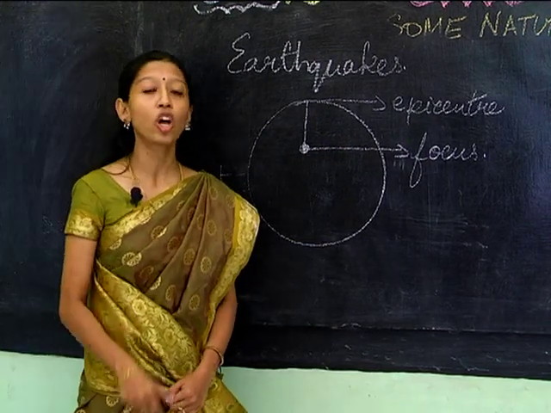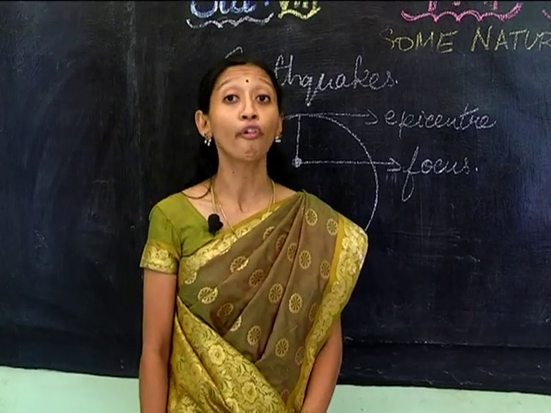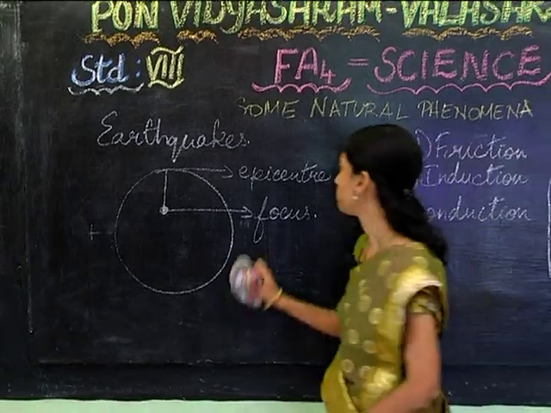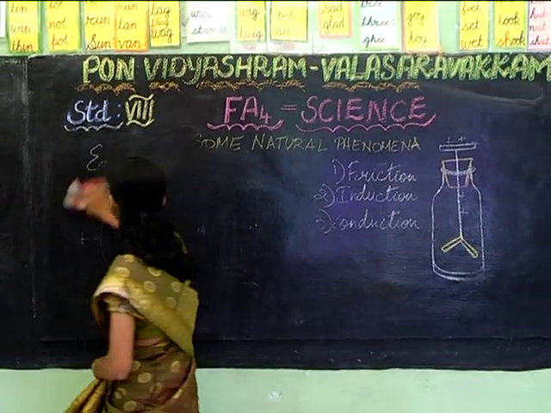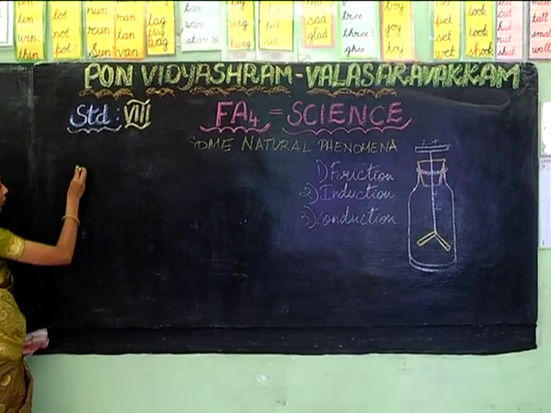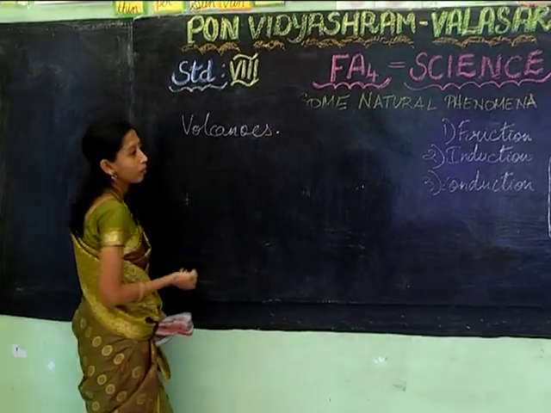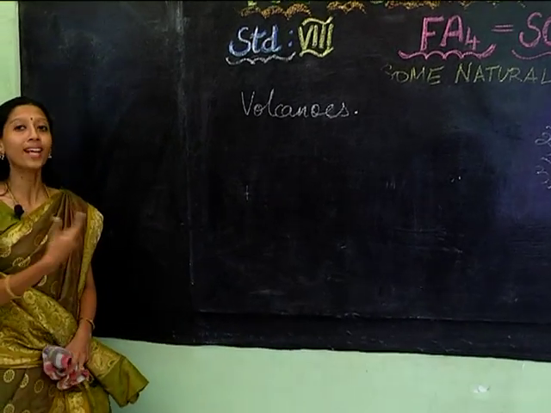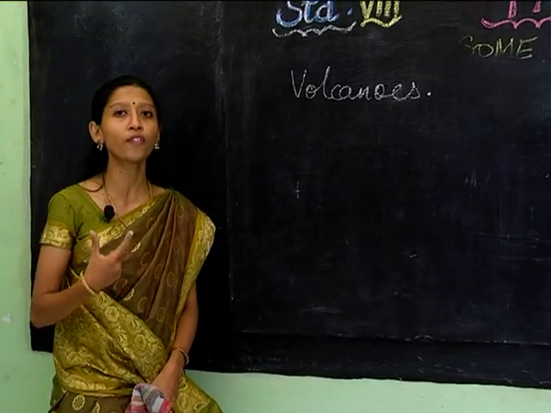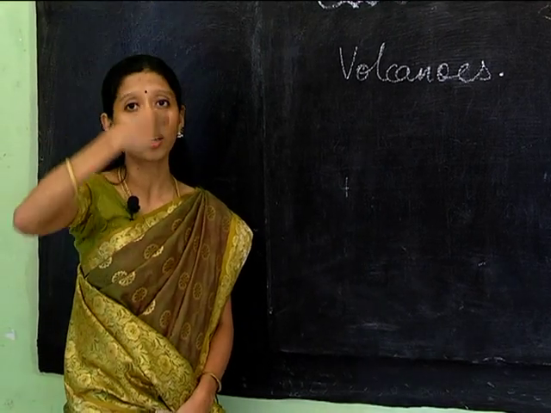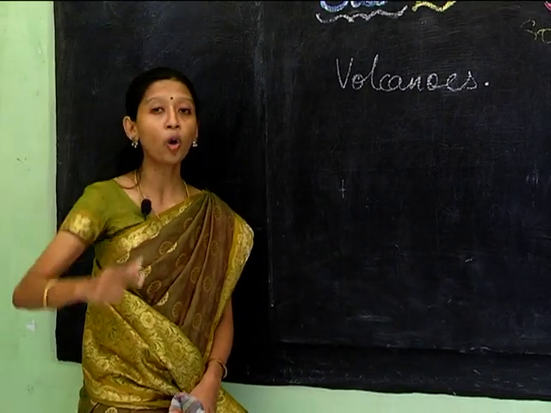The next topic that we are going to see is about volcanoes. All of you would have seen volcanoes. How does a volcano occur? Because of disturbances deep inside the earth and because of thin cracks, mountains are narrow.